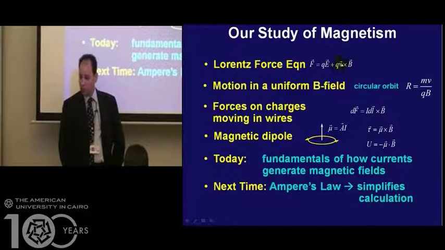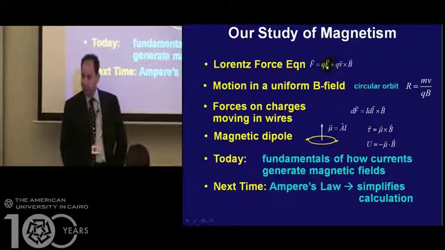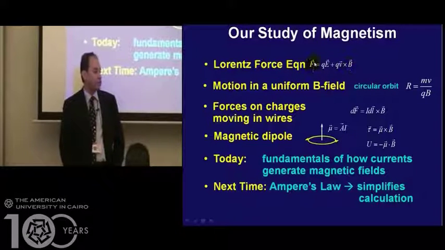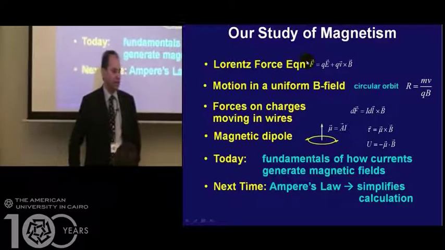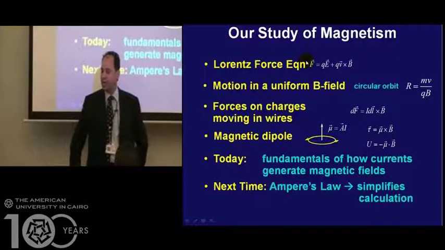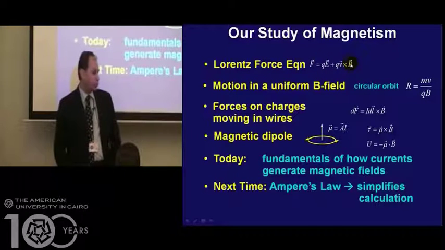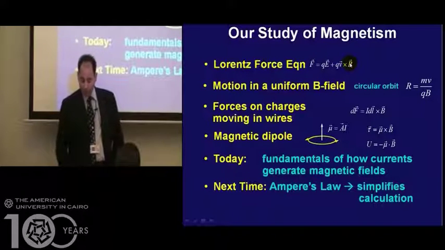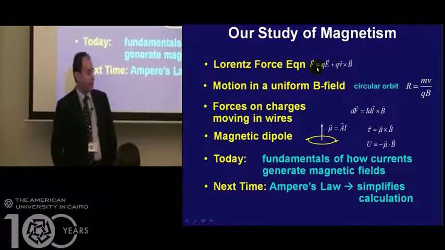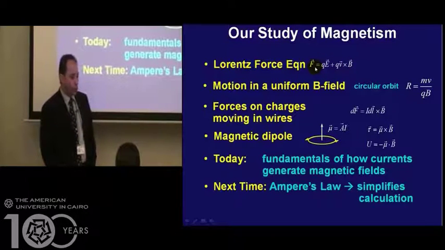And this is the Lorentz law. So if we have the two fields in space, the Lorentz force will have a component that comes from the magnetic field and another component that comes from the electric field. And if we have only a magnetic field, and that's what we're going to concentrate on, the magnetic force in that case will equal qv cross B.